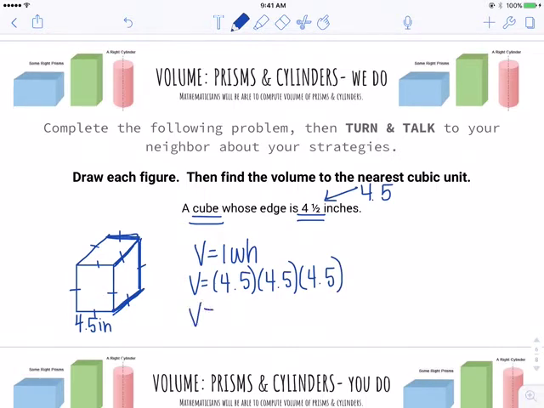Then punch that all into your calculator, and when you do that, you should get 91.125 thousandths, but it does say find it to the nearest cubic unit. So we would want to round to the nearest whole number, which would be 91 inches cubed.